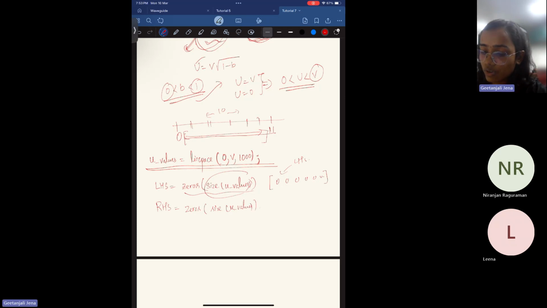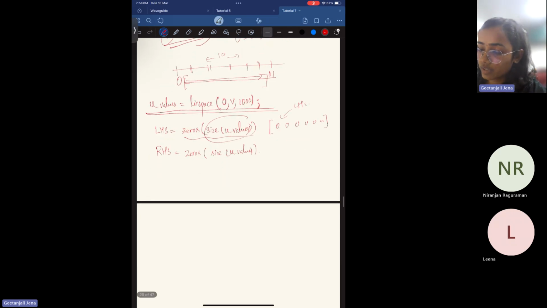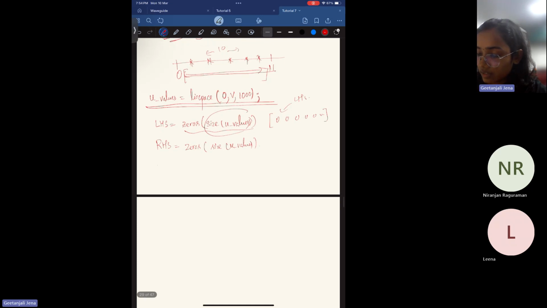Now to solve the transcendental equation, you can use a loop over the different u values. Use a for loop which runs from i equal to 1 to the maximum index of the u values.